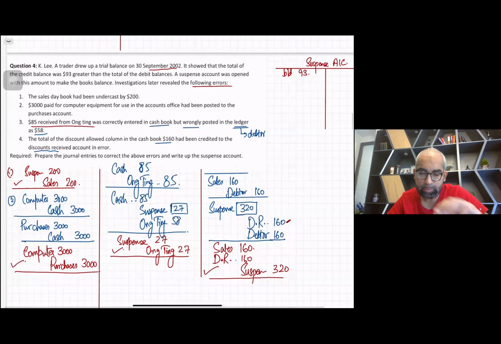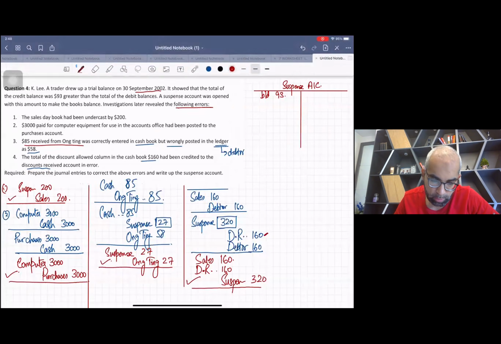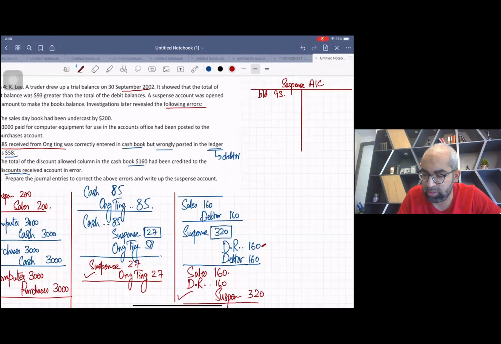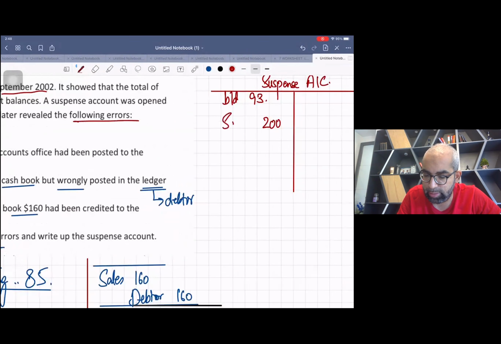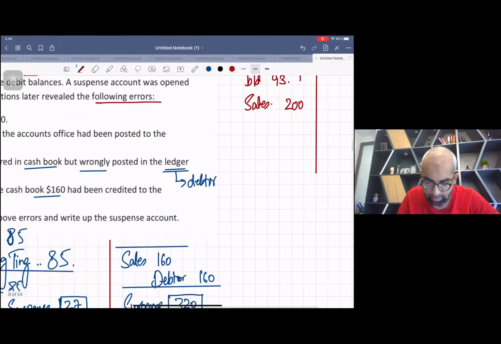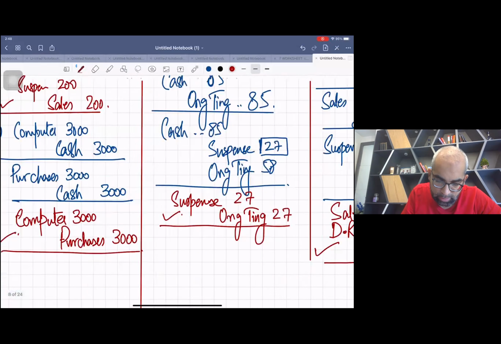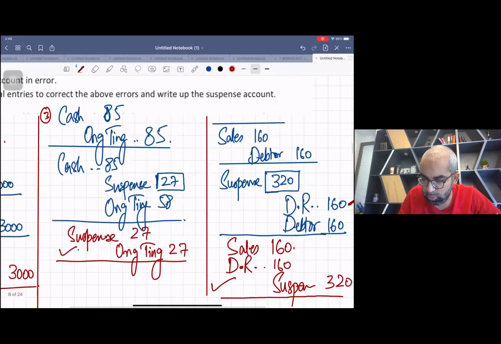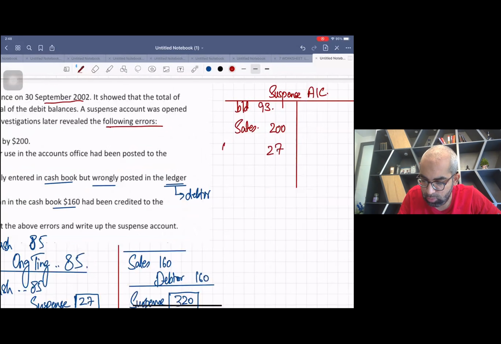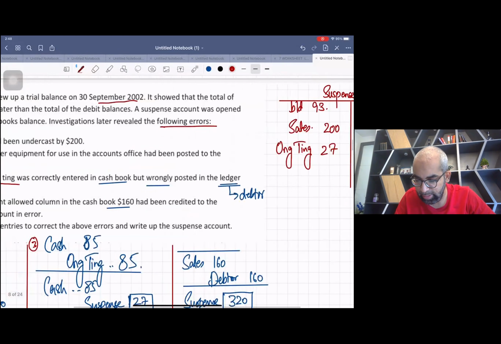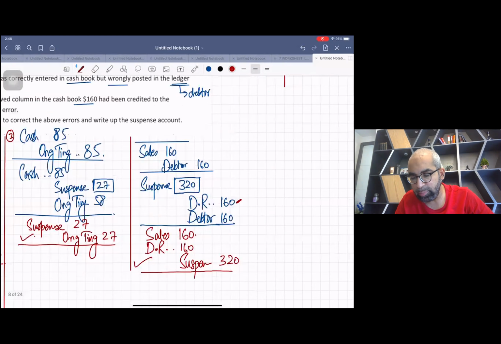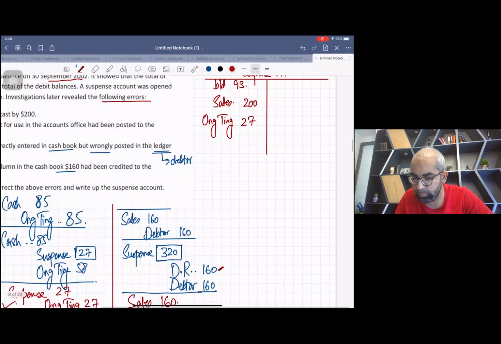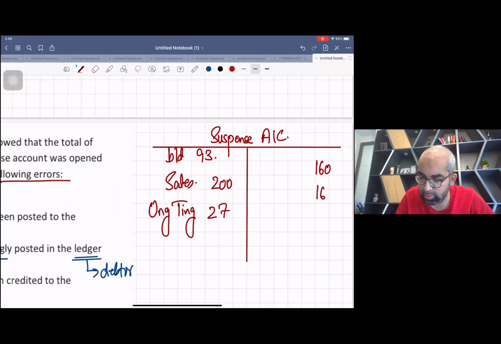Now listen, let's post in the suspense account. We will see it will be closed. In the first entry, we are debiting the suspense account, so let's debit suspense by 200. Write sales here. In the second entry, there is no suspense account. Leave it. In the third entry, suspense has been debited by 27. And in the last entry, suspense has been credited by 320, so 160 first and another 160.